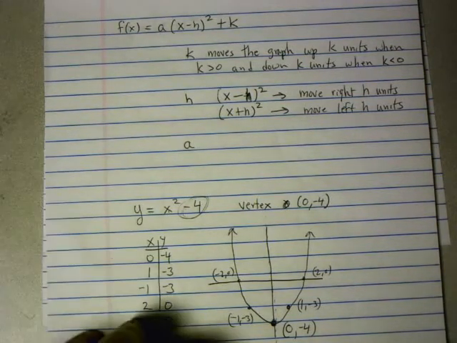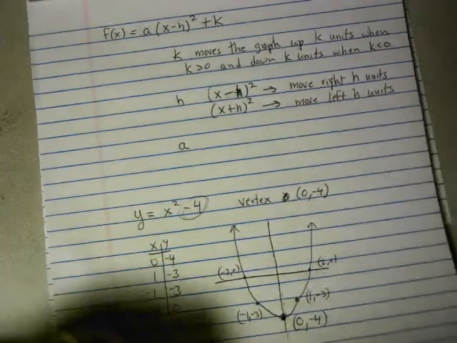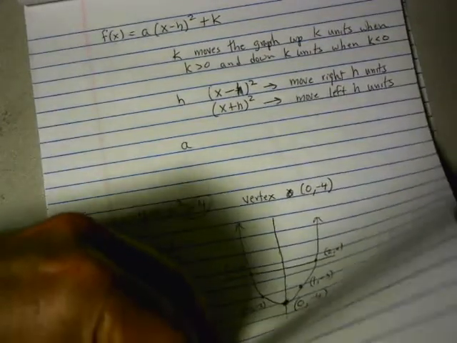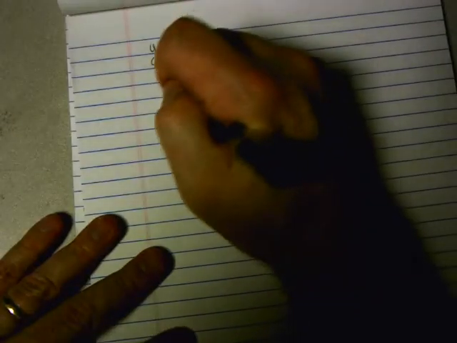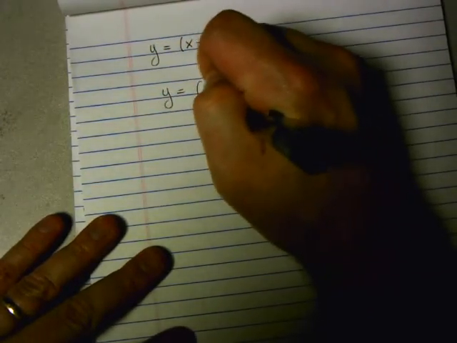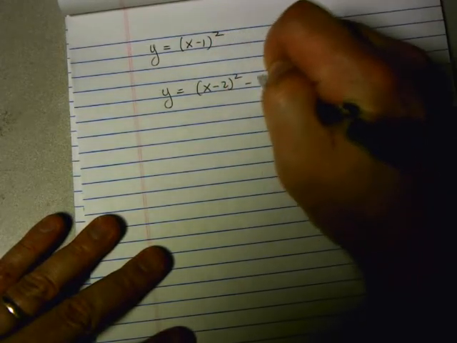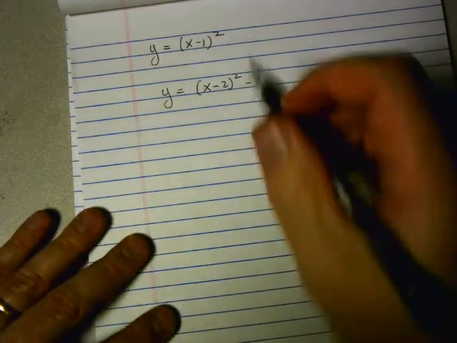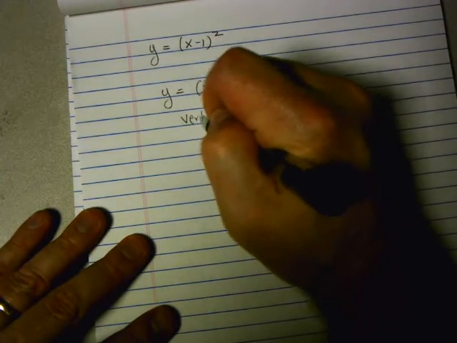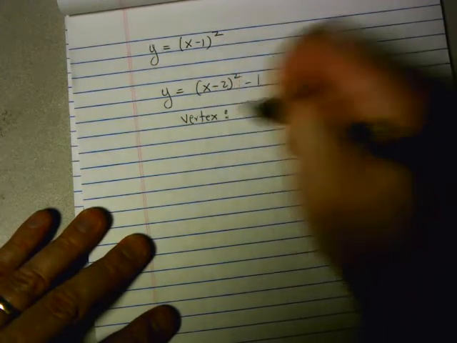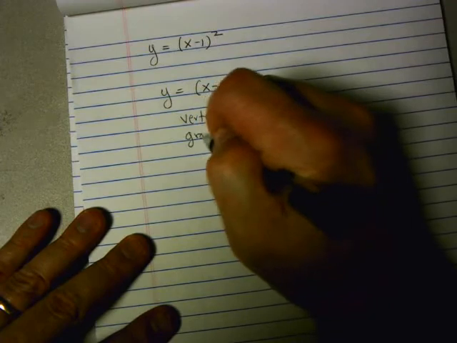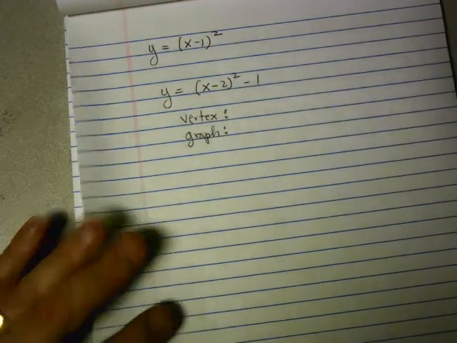Okay, so here's what a typical homework problem is going to look like. I might give you y equals (x minus 2) squared minus 1. And what I will ask you to do is find the vertex, and then from there draw me a graph.